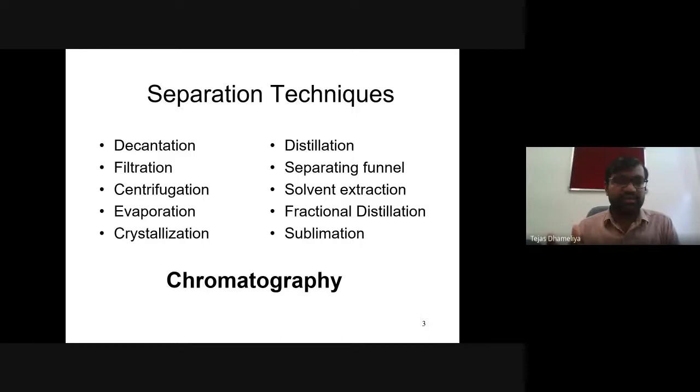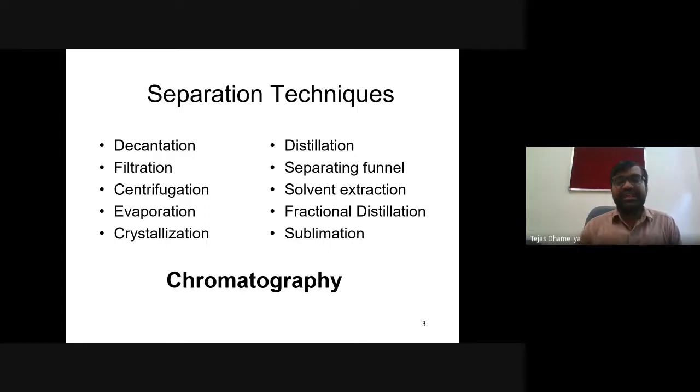The source of table salt is seawater. If we take some quantity of seawater and let the water evaporate, then we will get the salt. So when you eat Tata salt or any other company's salt, they are also doing evaporation for the preparation of sodium chloride.